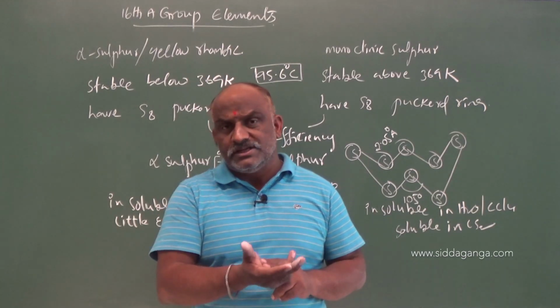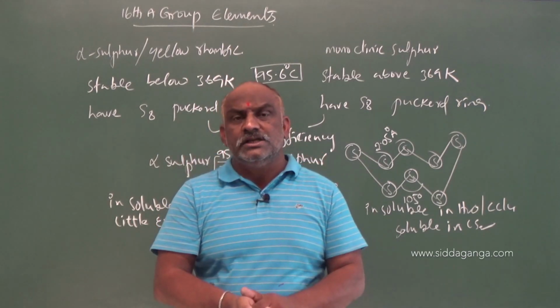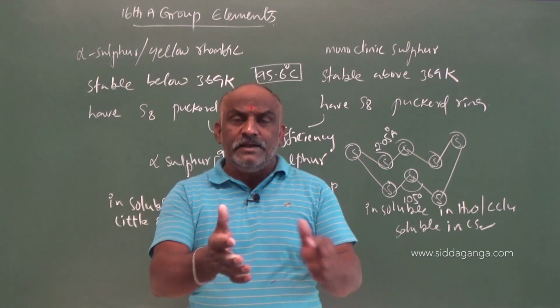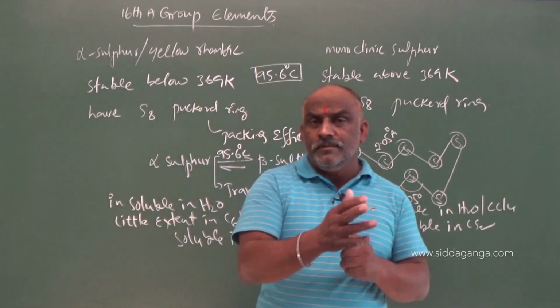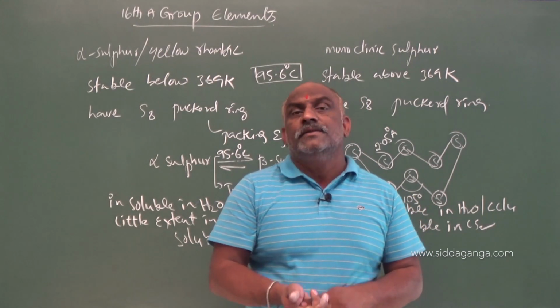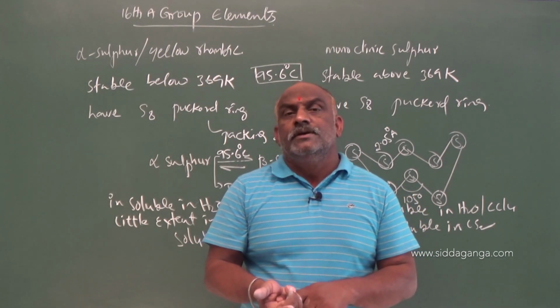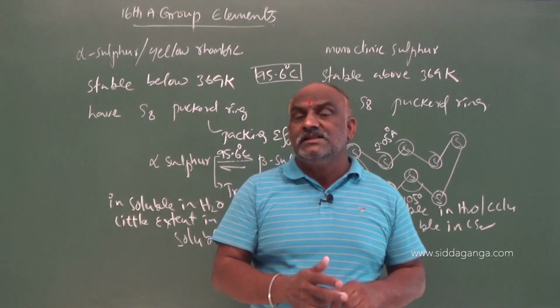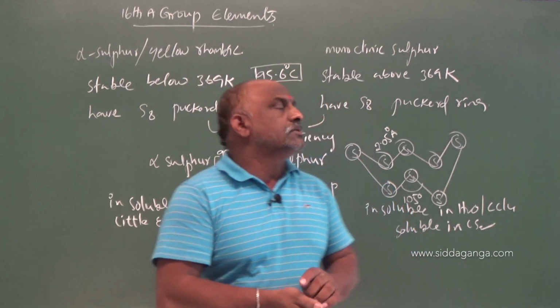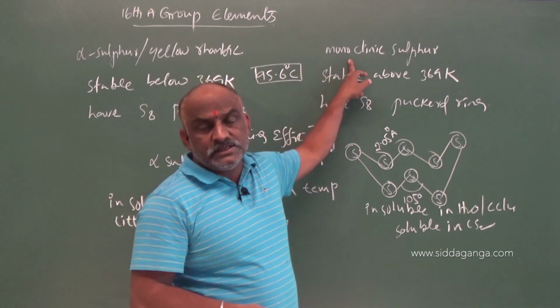After formation of the crust, make 2 holes on the surface and pour out the remaining liquid. The remaining part appears as colorless needle-shaped crystals. Those are called monoclinic sulfur.